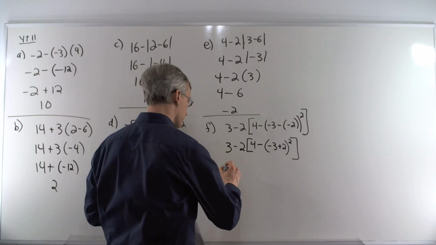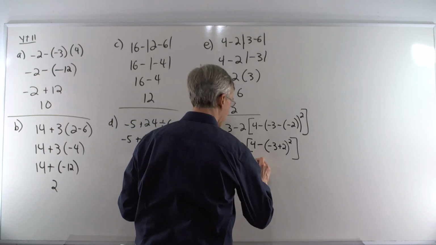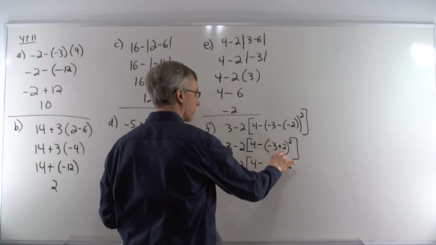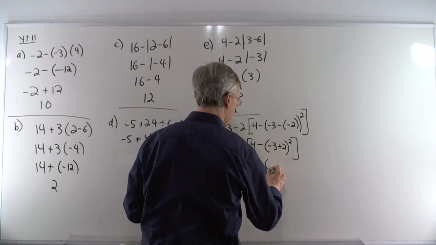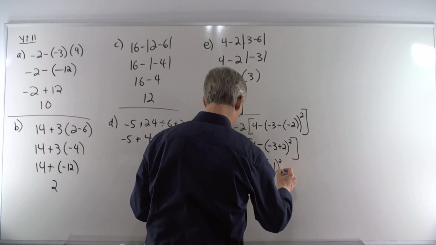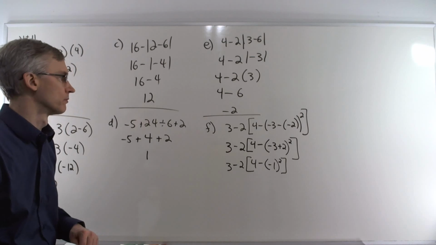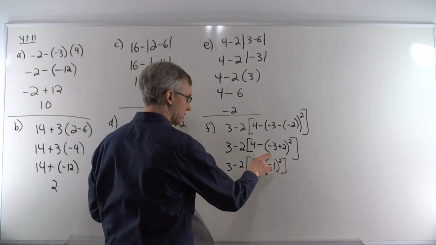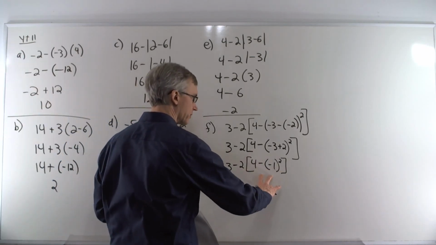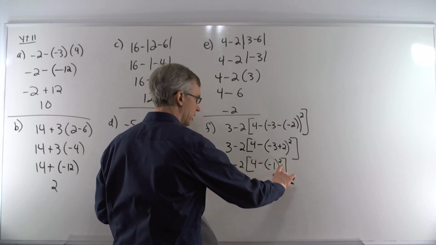All right, now we'll do this inside those parentheses again. So copy everything down exactly. -3 plus 2 is -1. So here we got -1 to the second power. All right, now inside this grouping symbol, we're going to do the order of operations. So we got subtraction, we have an exponent.